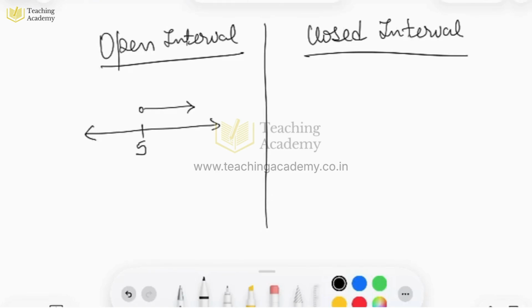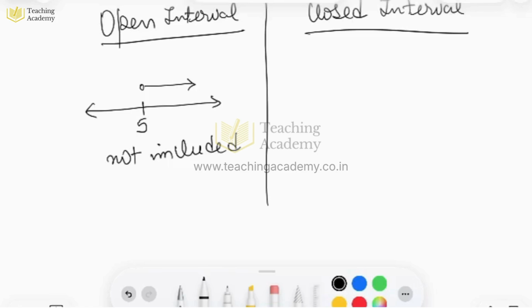So this means that this point is not included in your solution. This point is actually not a part of your solution, but after that, everything is your solution. That means I'll be marking this thing as x should be greater than 5. I'm not putting a greater than or equal to sign. I'm only writing a greater value sign. All the greater values than 5 are the solution of it, but not 5.